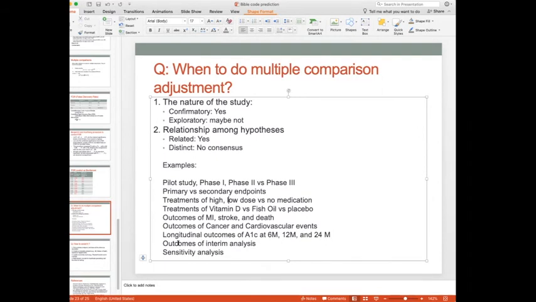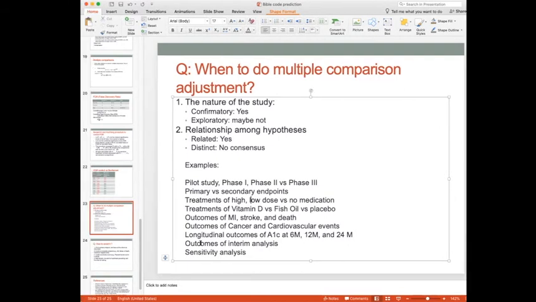So it's certainly related to the eventual analysis, the final analysis. So you want to control for multiple comparison. And for sensitivity analysis, generally people consider this as exploratory, right? So you don't need to factor the sensitivity analysis into your multiple comparison.